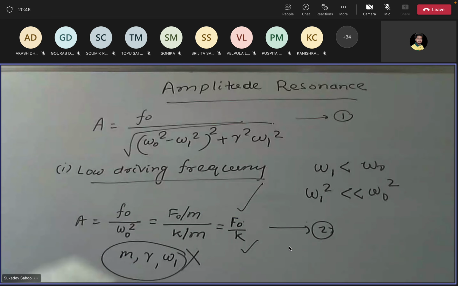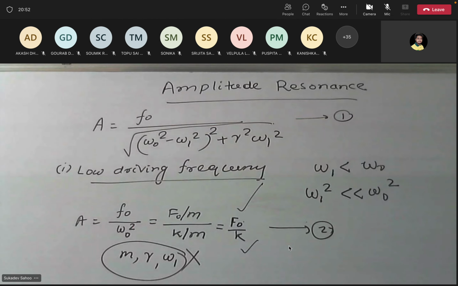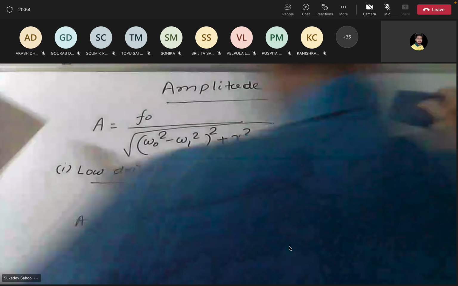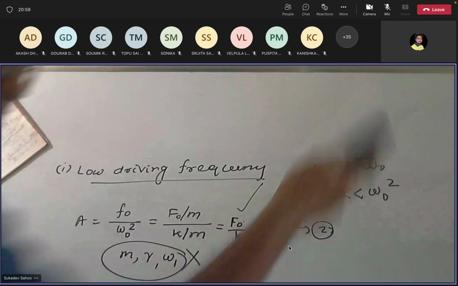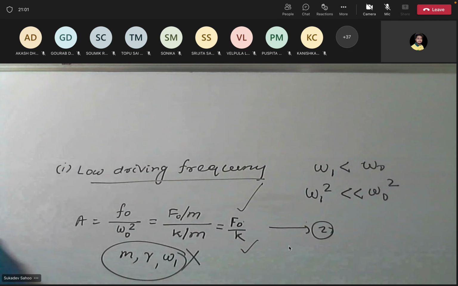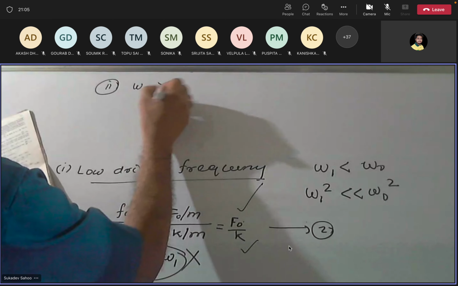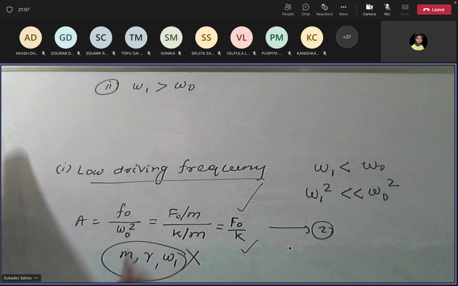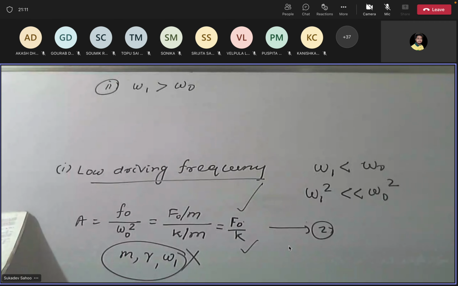Okay. Now we will consider case 2, at a high driving frequency. What will be the amplitude? At a high driving frequency, when omega 1 is greater than omega 0, this is the case of high driving frequency, while the earlier was low.